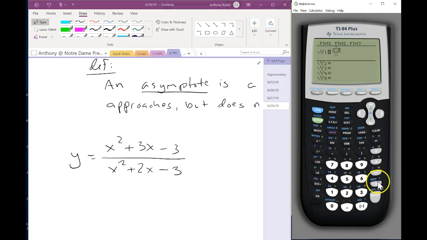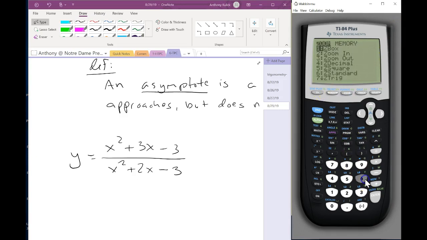So if I do that, it allows me to type this in exactly how it looks on my sheet of paper, and I don't have to monkey around with a bunch of parentheses. This is by far the easiest way to type this into our calculator, and much less likely to make a mistake doing it this way. And when I say mistake, I mean like you typed in your calculator wrong kind of mistake, because you just have to write it exactly how it looks on the sheet of paper. So I access that fraction option by pressing alpha and y equals.